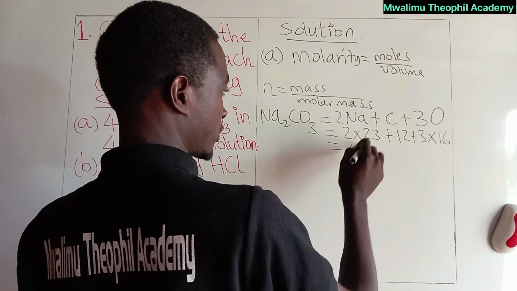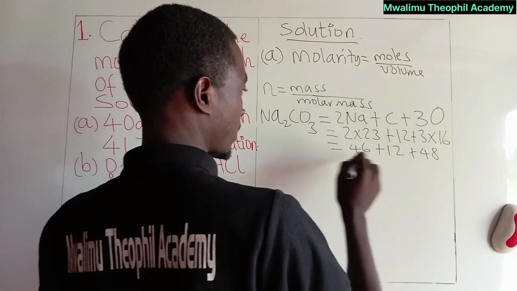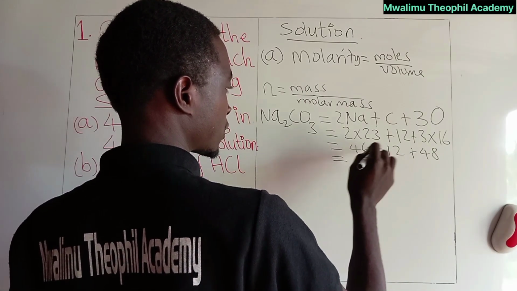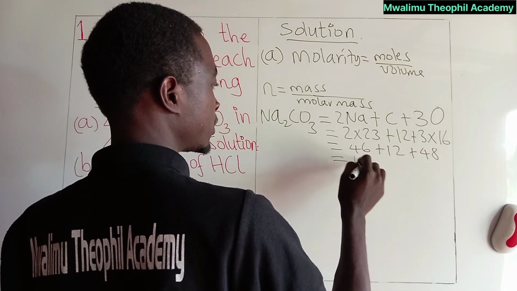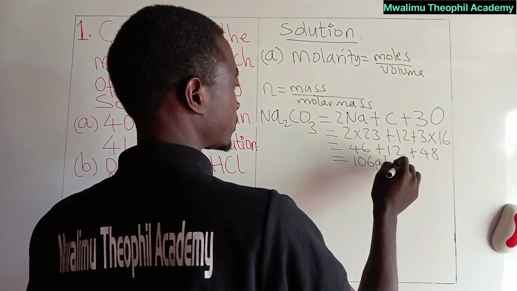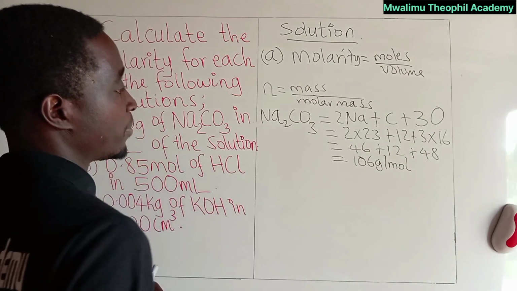Now we get 46 plus 12 plus 48. When we sum these 3 values, we get 106 grams per mole. This is the relative molecular mass of sodium carbonate.